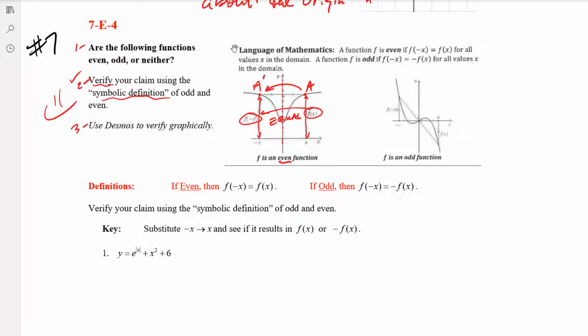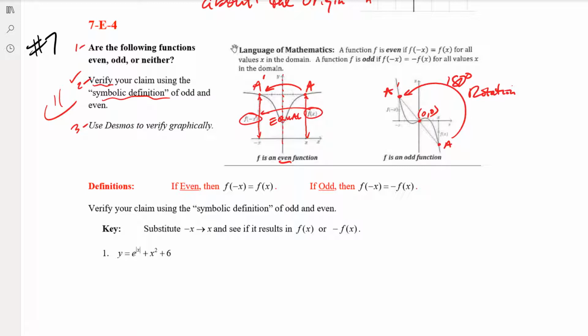Now, if it's odd, that doesn't happen. Let's say A gets rotated 180 degrees about this point 0, 0 to A prime. That's only the case if f of negative x equals the opposite of f of x.